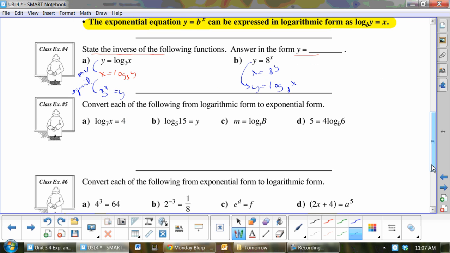Okay? Now, we're going to take each of these and turn them into exponential form. So we're going to do B, C, and D. Okay, so what would B look like? We'll do these together. Jamie Prinz, get this to exponential form.